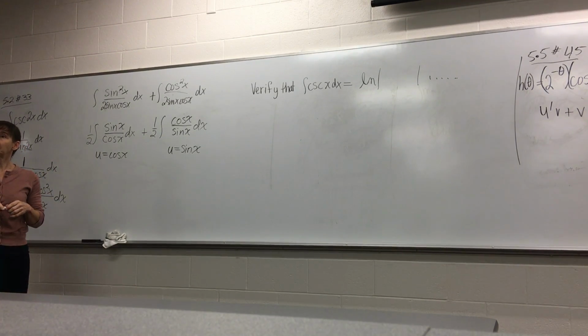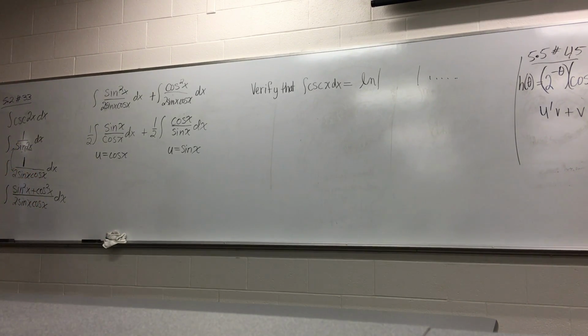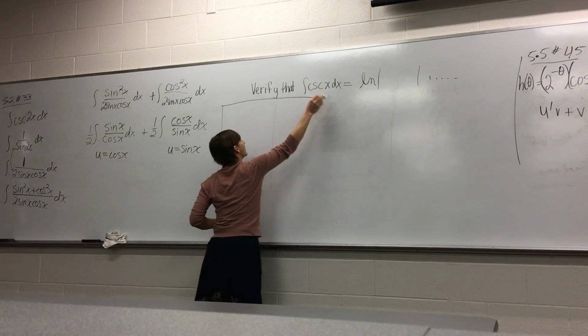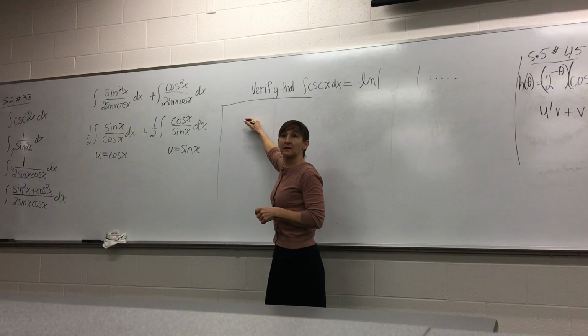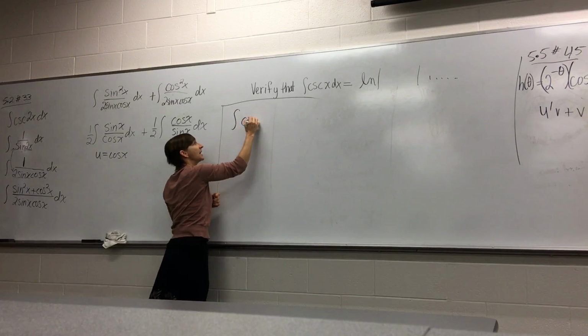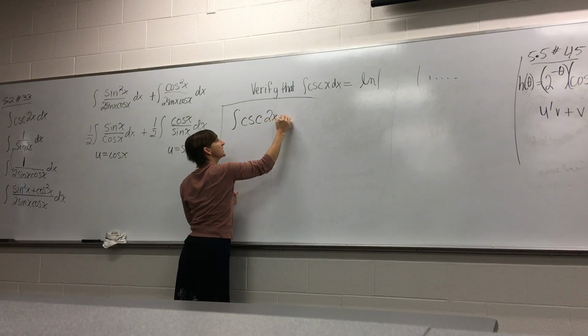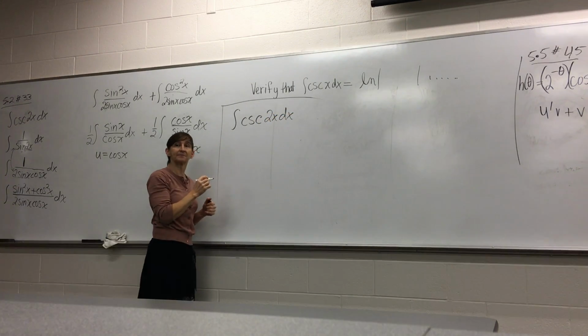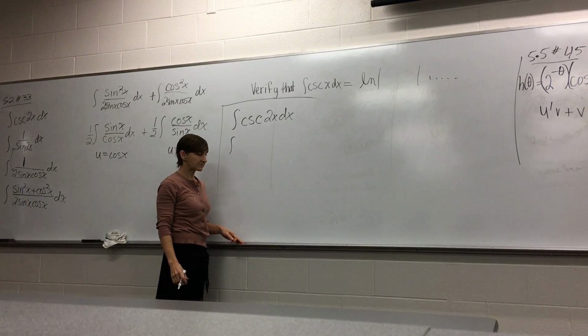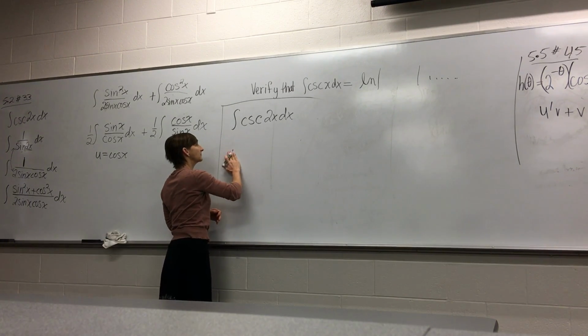Yes? I was just wondering whether I could have, because I did it a different way. Oh, I'm excited to hear. I used the derivation of the secant formula. Okay, so hold on. Set it up for me. I start out with cosecant of 2x dx, then what did you do next? I took the u substitution of 2x, and I kind of just got that to turn into u.